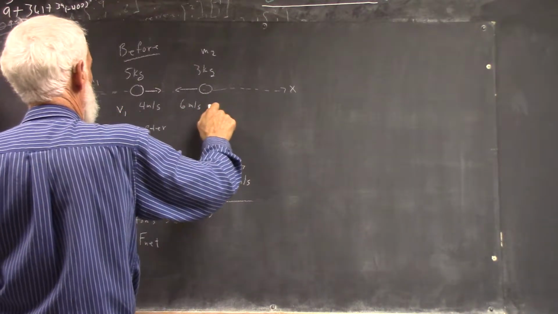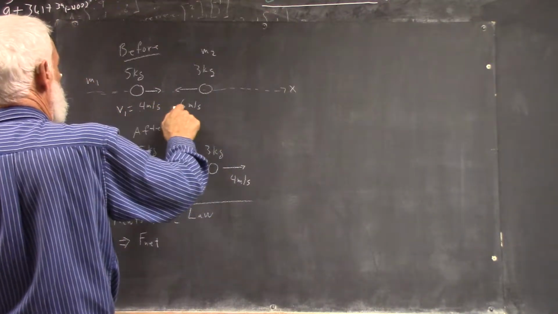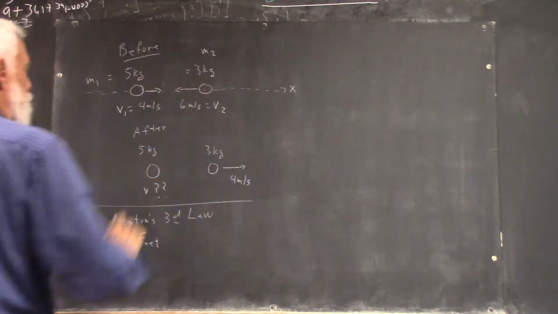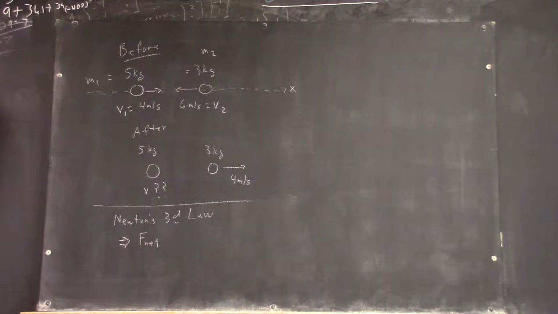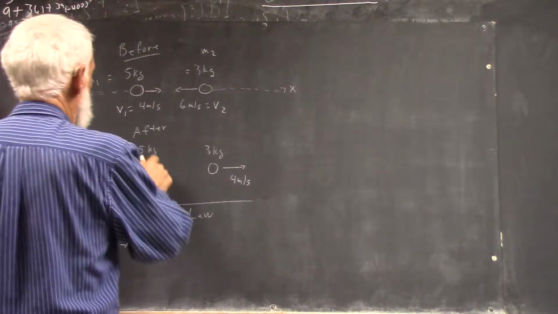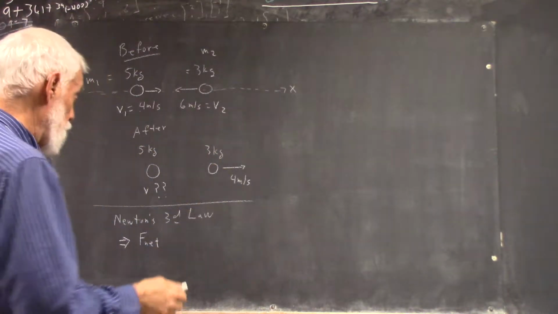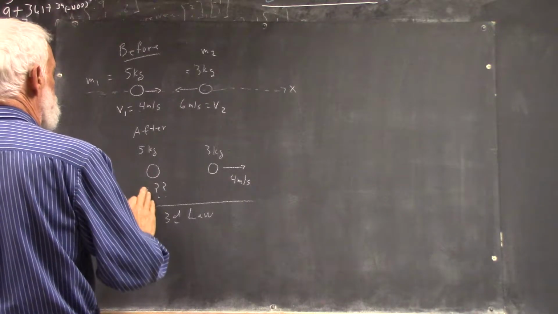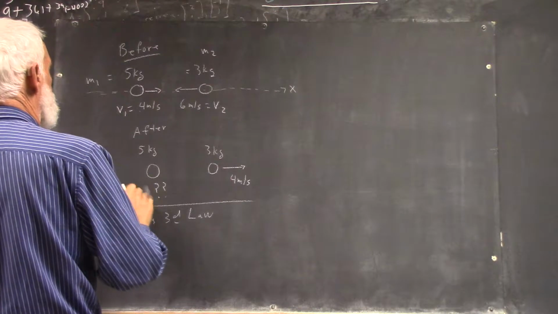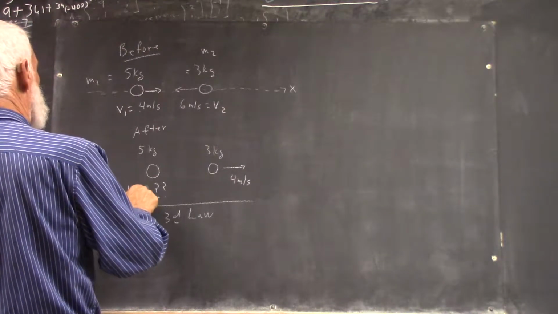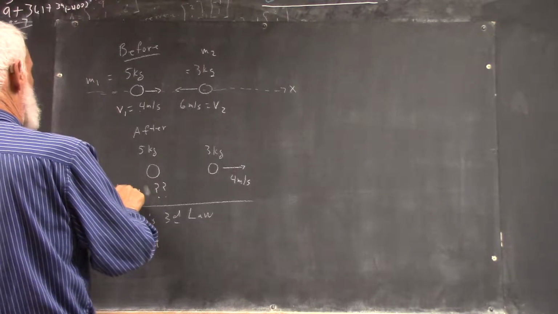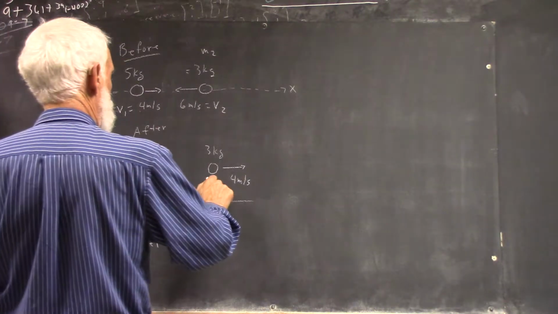Let's call this velocity V2. So M1 is this, M2 is this, okay? After collision, well, you still have M1 and M2. That hasn't changed. I'm going to call this velocity U1. I'm going to call this velocity U2.